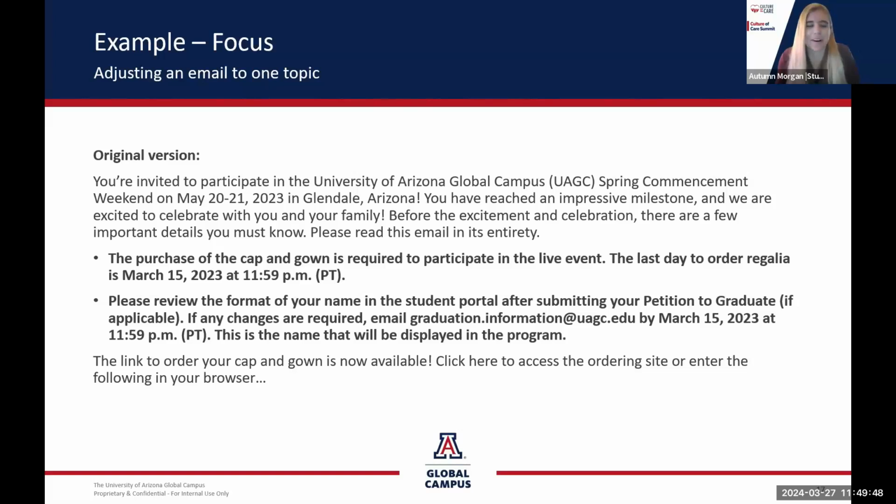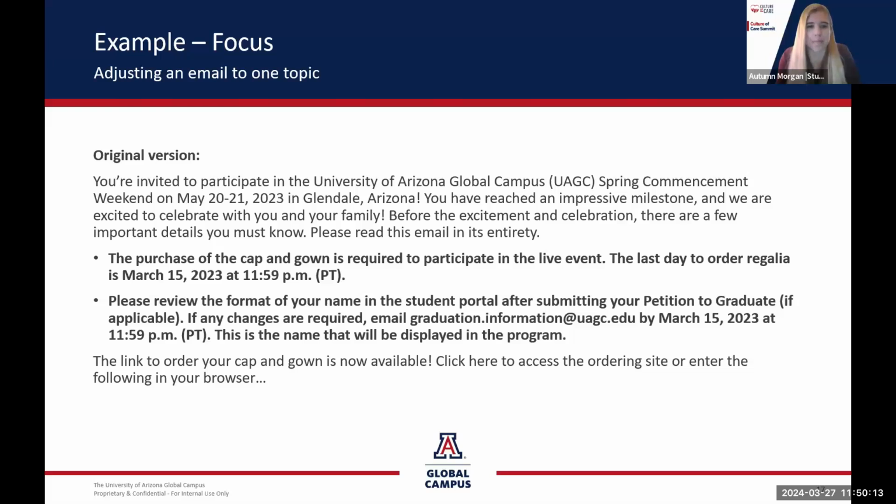This is an example of an email that we send out to our students that are eligible to participate in an upcoming ceremony and how to order their cap and gown. It's a pretty lengthy email, so we don't have all of the details in here, which is already an indicator that there's a lot of information being communicated to the student about ordering their cap and gown. In this original version, the student has been invited to participate.